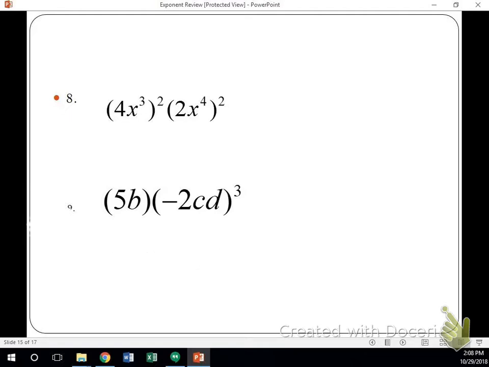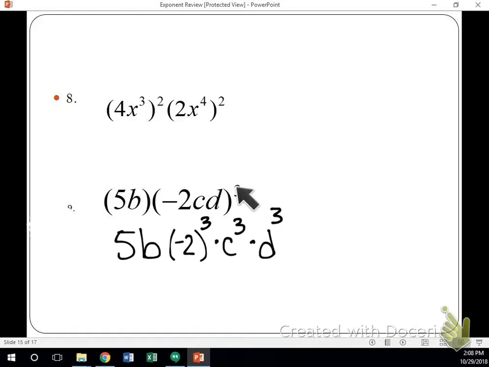On number 9, what is the exponent outside of this first set of parentheses? 1. A 1. So that's not changing. So you can just leave it as 5b for starters. Then we are going to have negative 2 cubed times c cubed times d cubed.